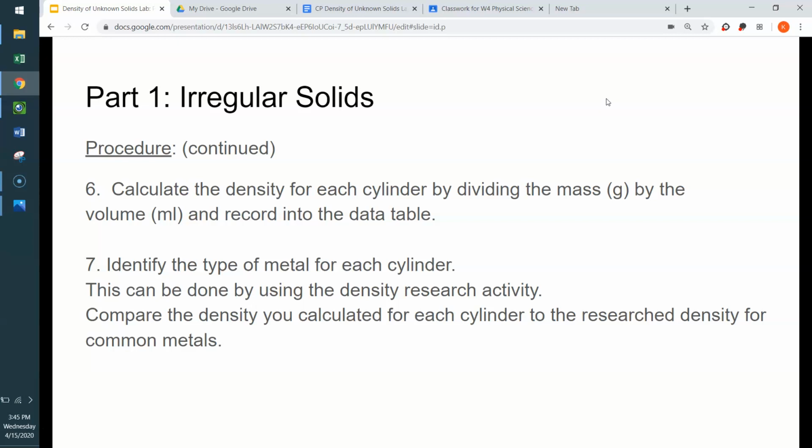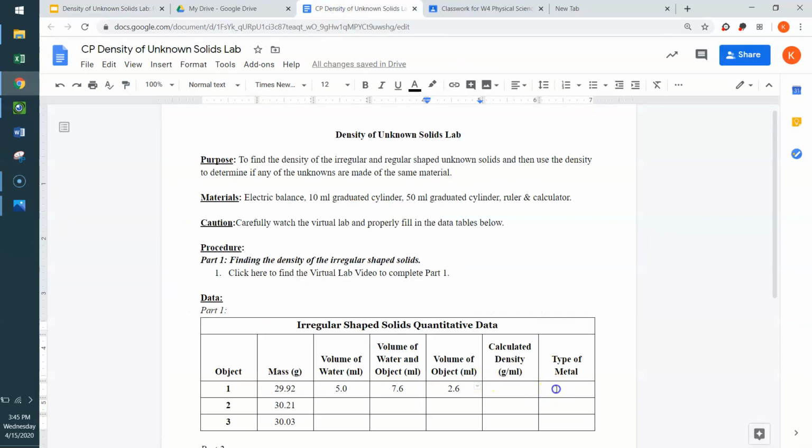You should be able to pull this document up and compare your calculated density to the density of the common metals in that list. When you get to this final column, you're going to tell me what type of metal you believe each of the 3 cylinders to be made of. Once you have completed part 1, you are done with this activity for today.